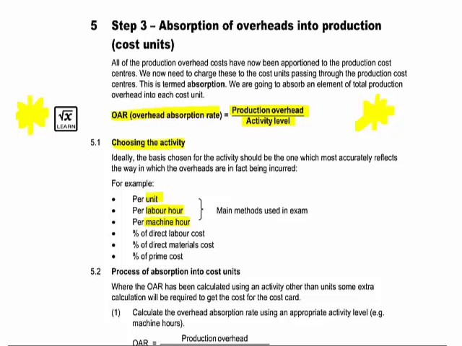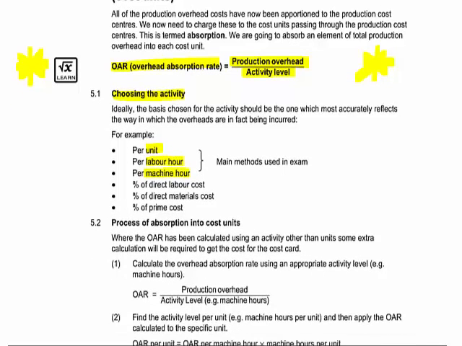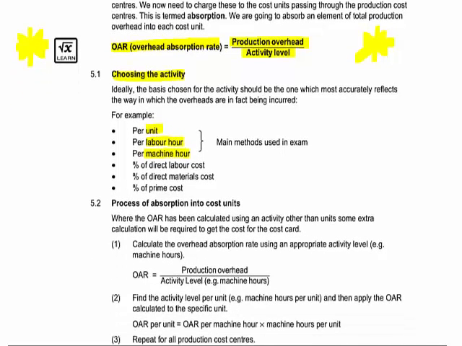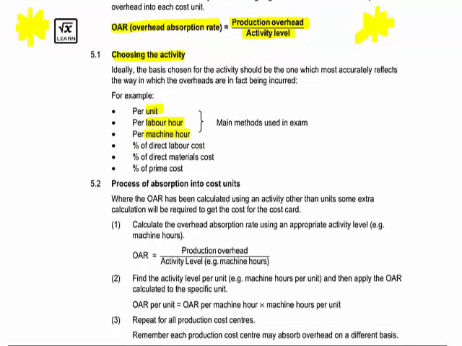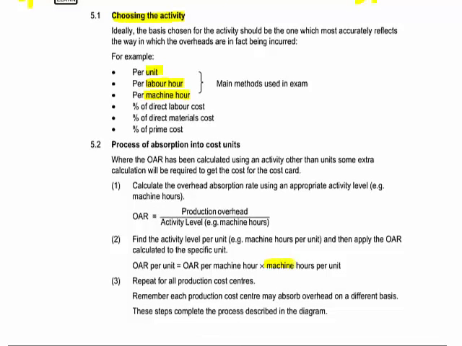If we use any basis other than units, we have an extra calculation to get the cost per unit. So what we do then is we calculate the overhead absorption rate, for example here using machine hours. What we then end up with is a rate to absorb overheads per machine hour, and then we need to multiply that by the machine hours per unit to give us the amount of fixed overheads per product.